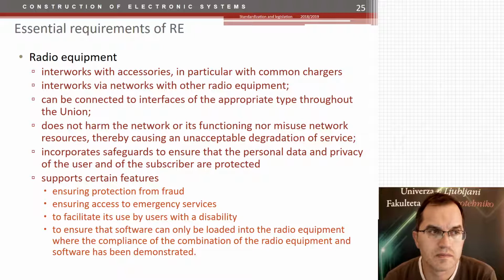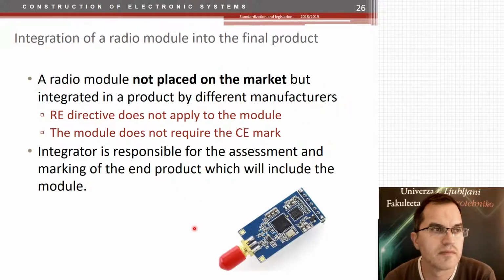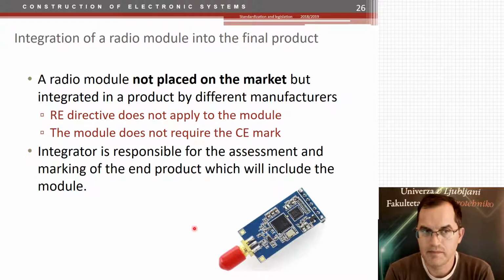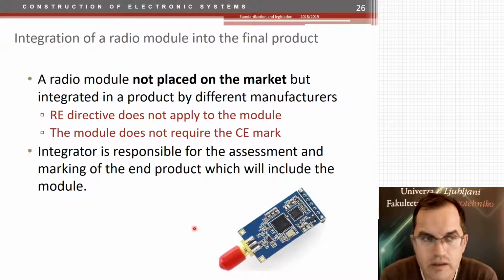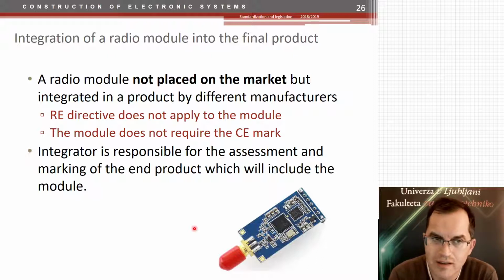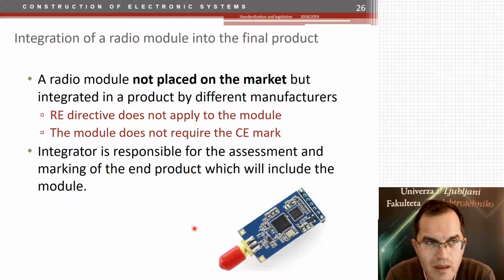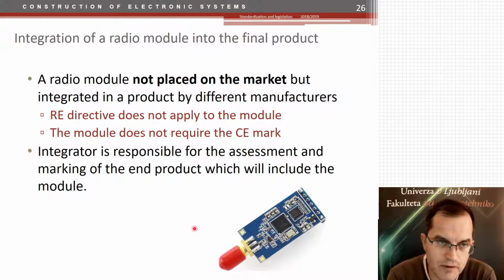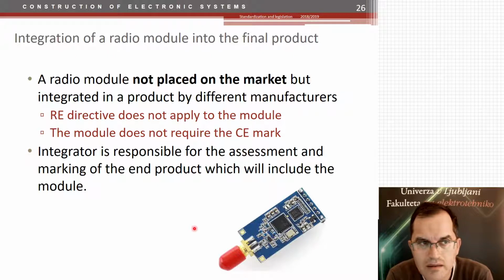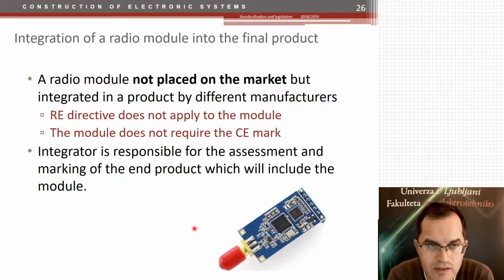So first, you can buy a radio interface, a radio module, which is not an apparatus. The radio module is not intended for the end user, but is intended for different manufacturers to be used as a component. And the radio directive does not apply to that module because it's not intended for the end user. It's not required to wear a CE mark.